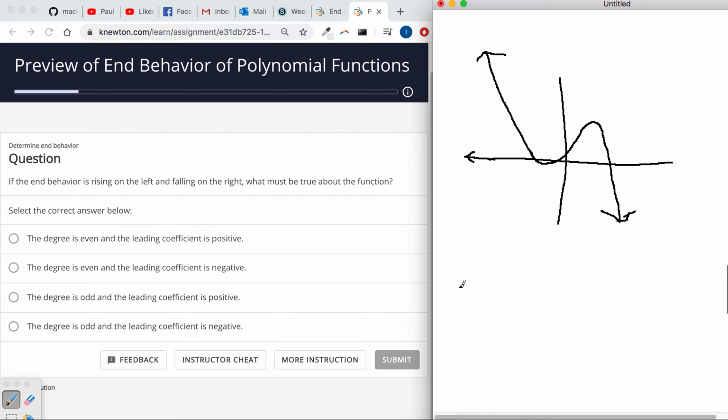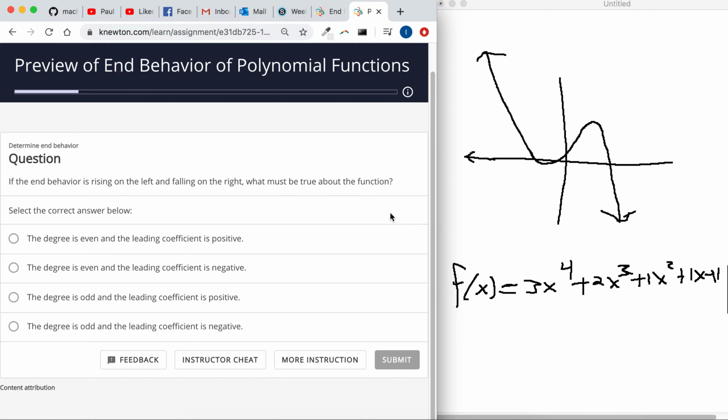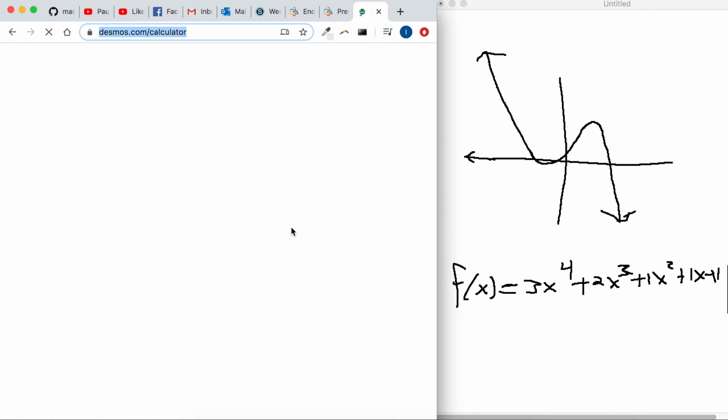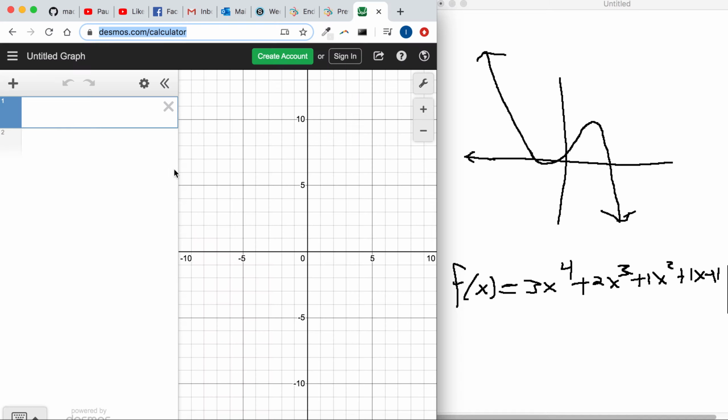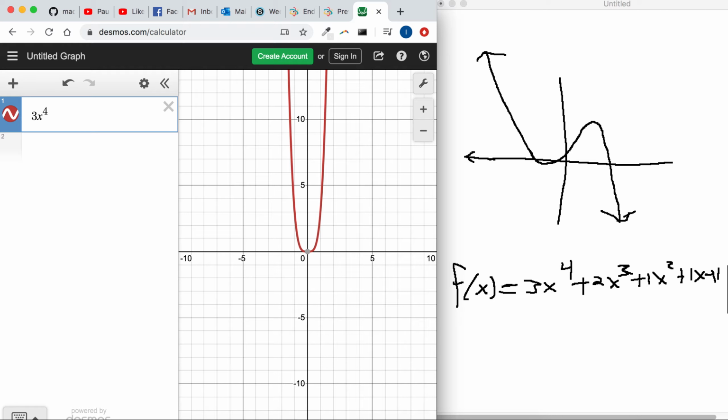Okay, so let's say we've got the function f of x equals. Let's start with positive and even. So you could have 3x to the fourth plus 2x to the third plus x squared plus x plus 1.